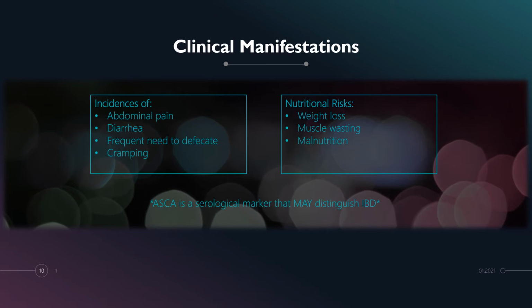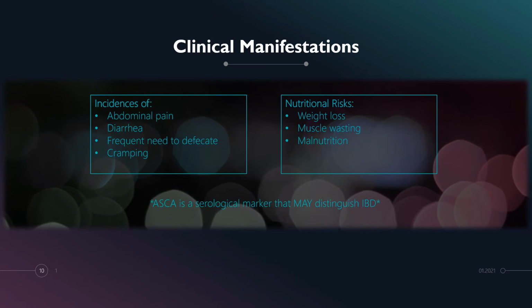So when you're seeing a patient who has Crohn's disease and is experiencing a flare-up, it is really important to address these three nutritional risks. These are just the most common ones. Likely this is due largely to the increased requirements that are needed and also the decreased oral intake that is seen when patients are experiencing these negative symptoms.